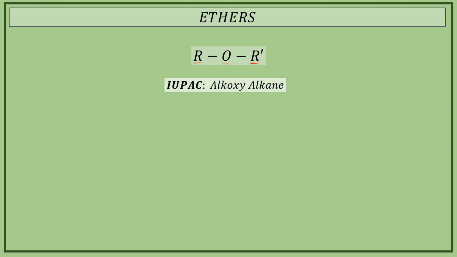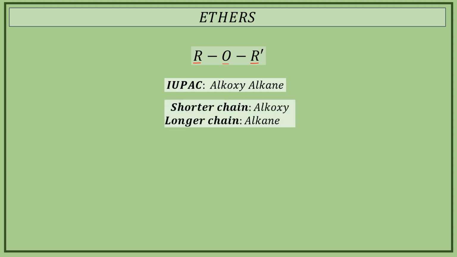The system for IUPAC nomenclature of an ether is alkoxy-alkane, where the shorter of the alkyl chains will be named as alkoxy and the one which is longer in chain length will be treated as the parent chain, and this chain will be named as an alkane.